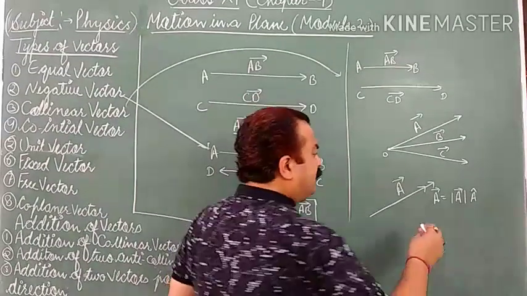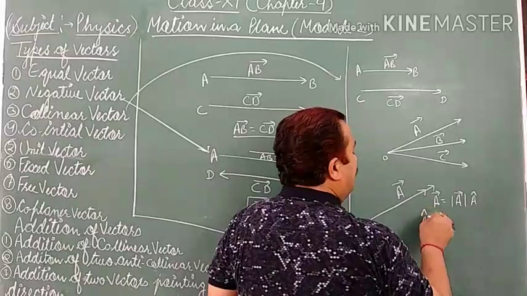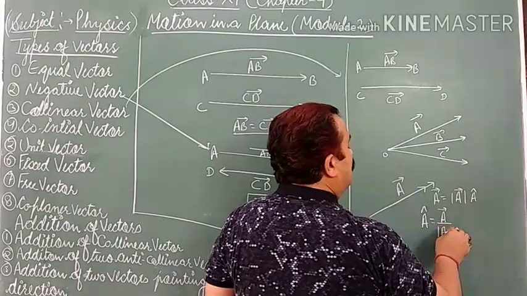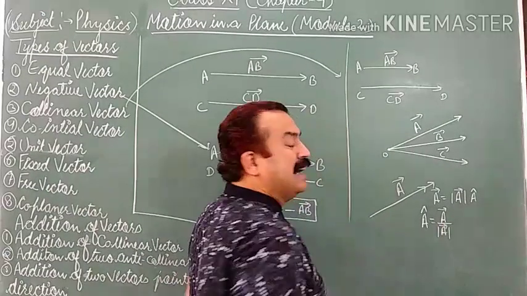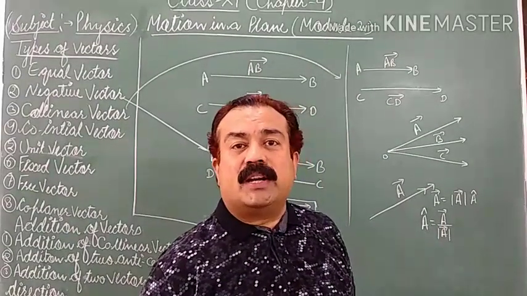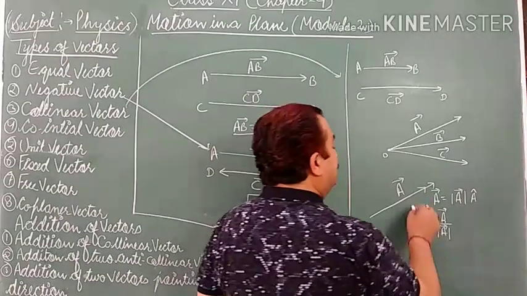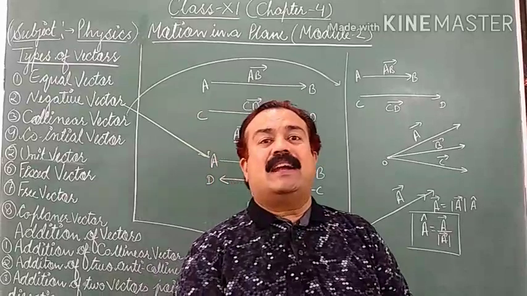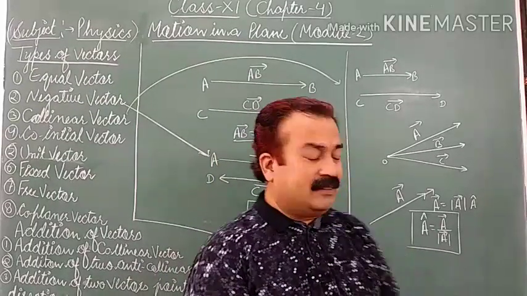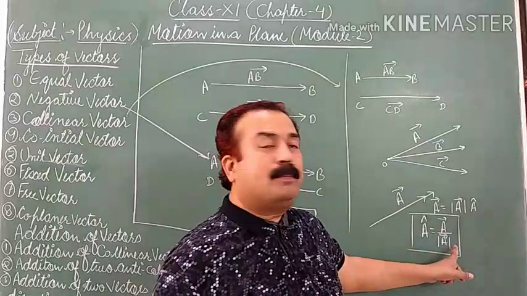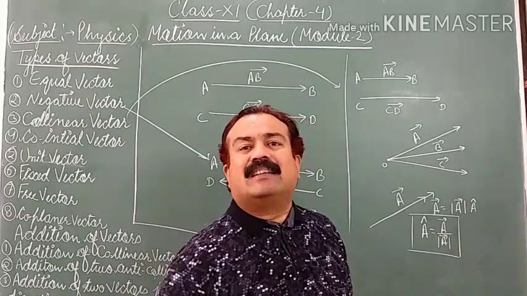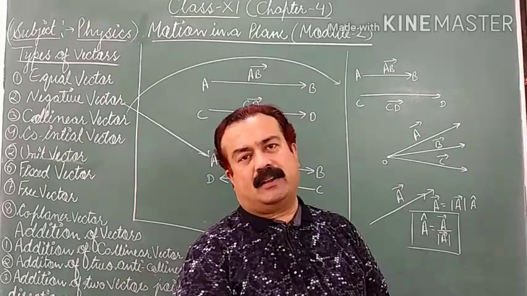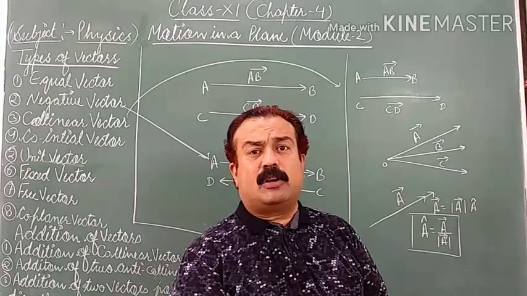So we can write A cap equals vector A divided by the modulus of vector A, and this is called the unit vector. A unit vector can also be defined as the vector divided by its magnitude, then only the direction is left. I think you understand about unit vector.